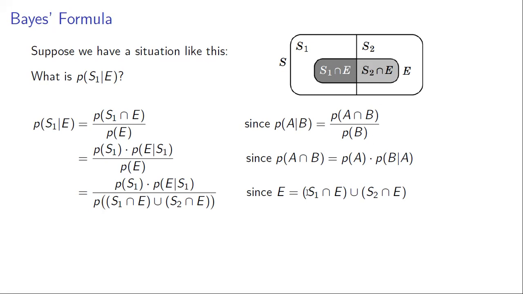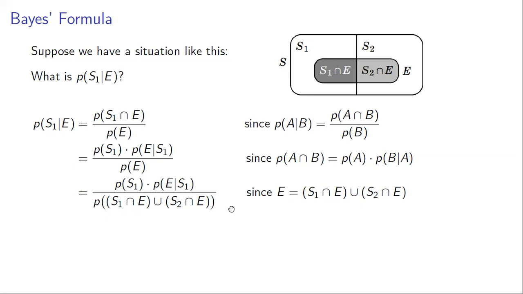The darker gray is S1 intersected with E, and the lighter gray is S2 intersected with E. If we take those two things and take their union, we have E. So in other words, instead of saying probability of E, we'll say the probability of S1 intersected with E union S2 intersected with E. So we want to know what's the probability of that thing.